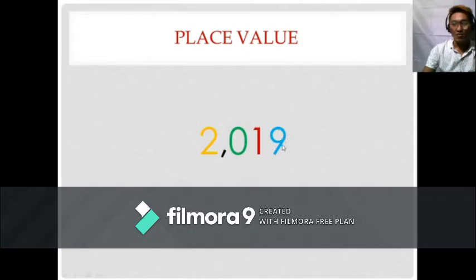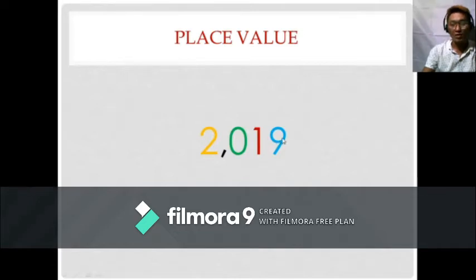Before you identify correctly, first identify the number at the right side. Ito yung sa right side, ito yung sa left side. So, pagkatapos mo siyang ma-identify, follow ka na papunta ng left side.